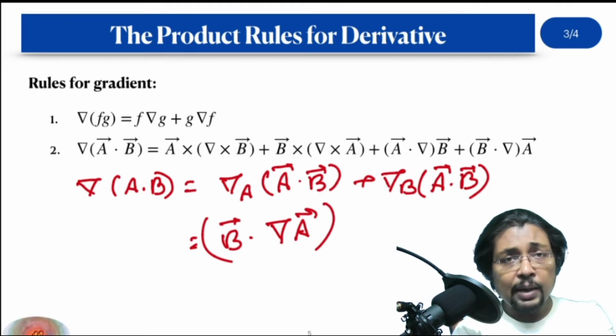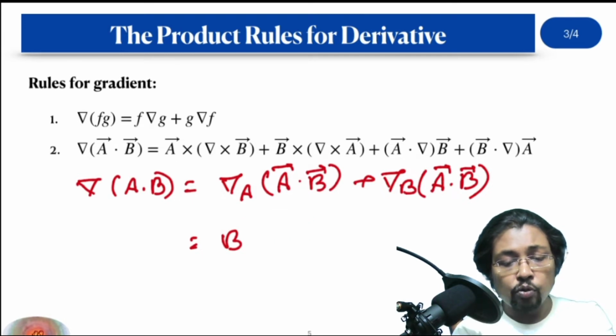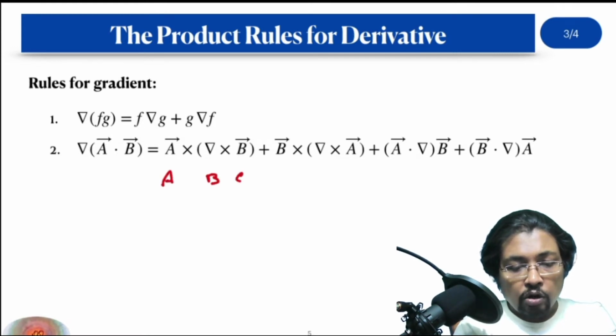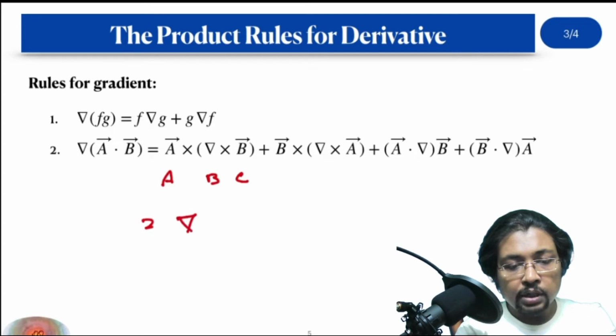Do you remember the BAC-CAB rule? I have discussed the BAC-CAB rule. So just apply the BAC-CAB rule over here. If you consider that this one is the A, this one is the B, this one is the C. So for the first vector, you can write BAC, so B, that means this gradient operator, AC.